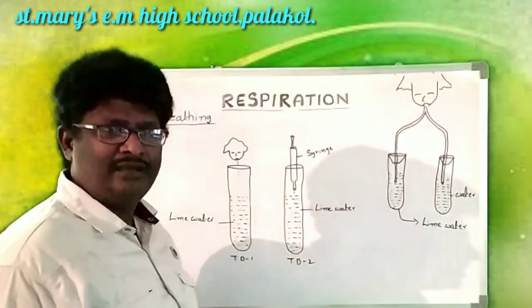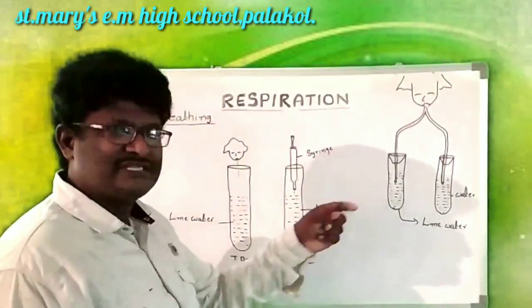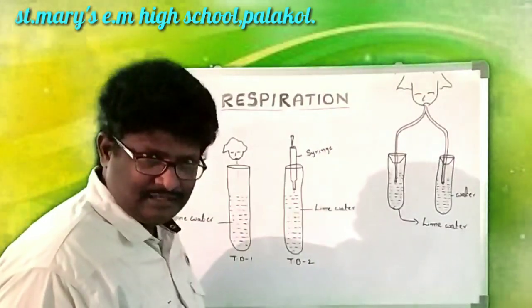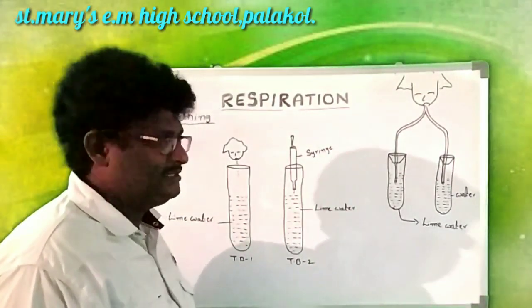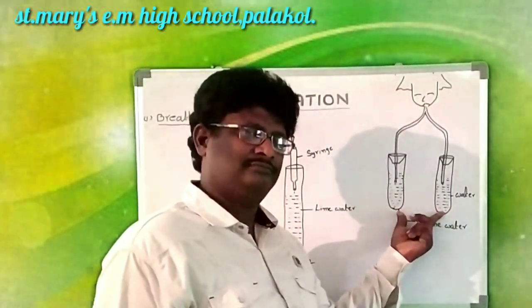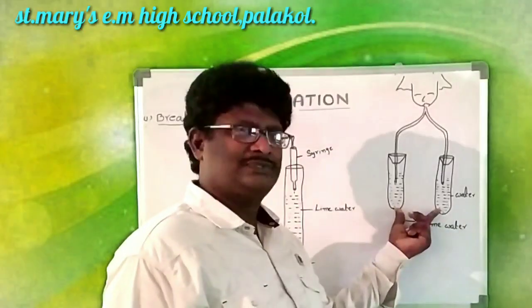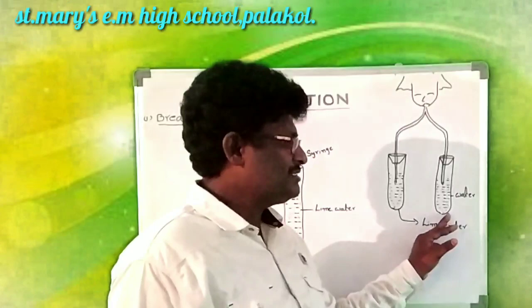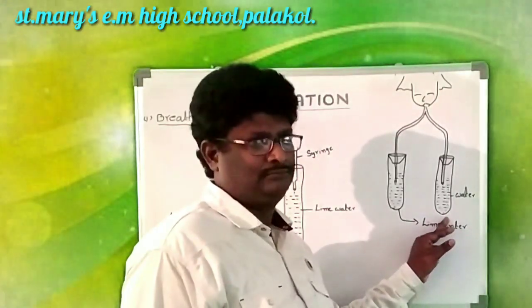One more small experiment, to see whether the blowout air contains carbon dioxide or not. Take two test tubes. The first test tube is filled with lime water, the second test tube is filled with water.